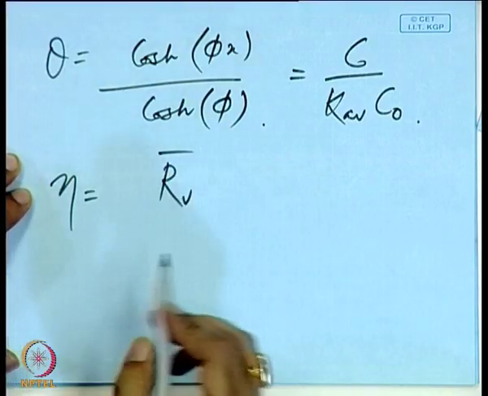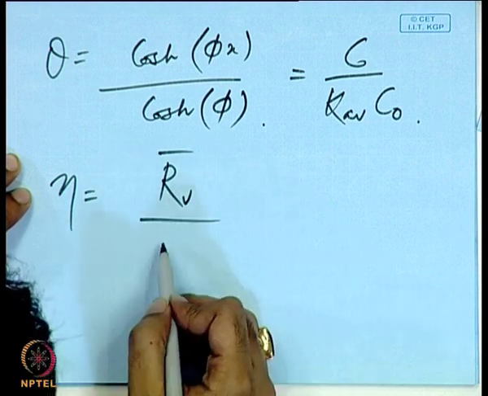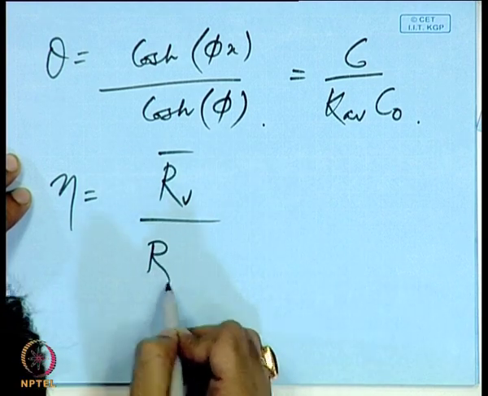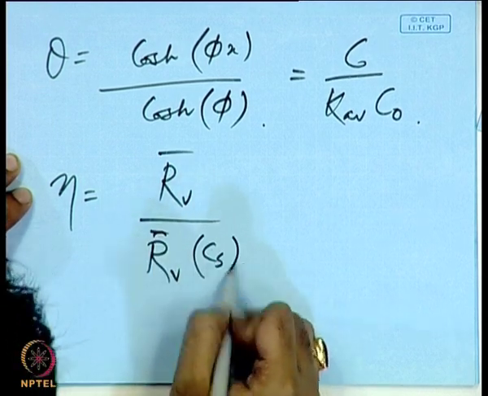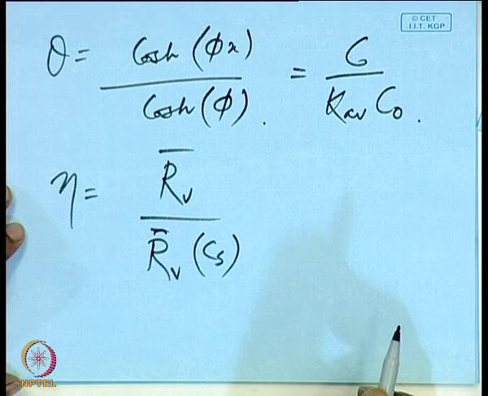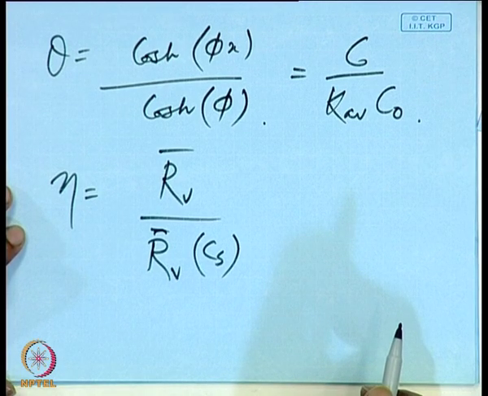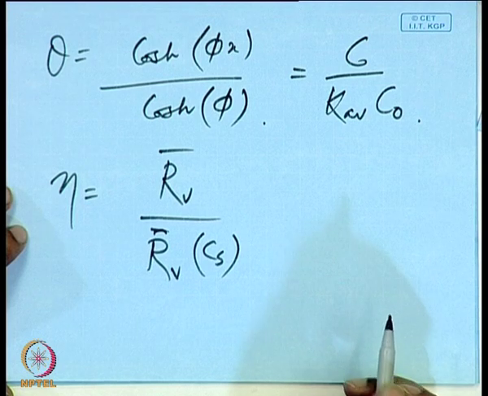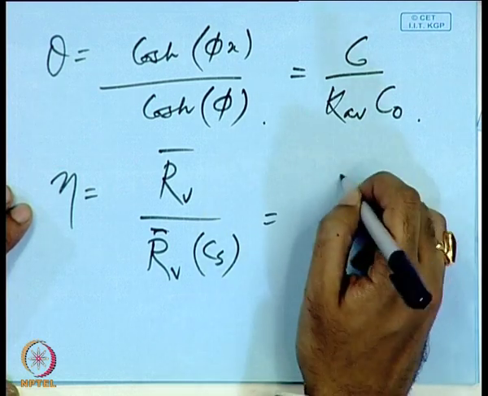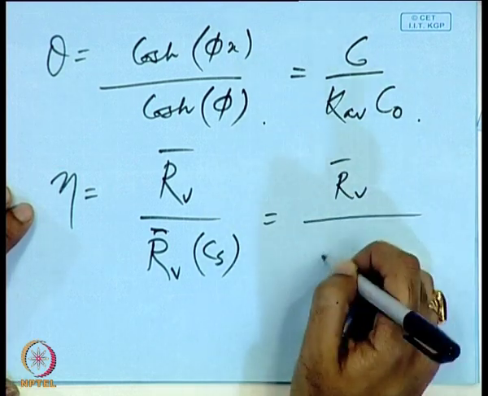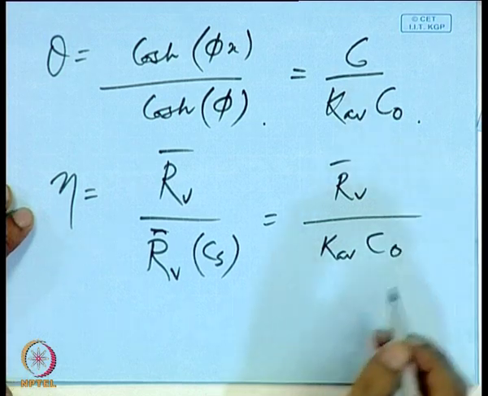If you remember, eta was defined as R of V average over R of V evaluated at CS. CS is defined at x equals 1, which is given as Kv C naught. So, the denominator is known, all you have to do is evaluate the numerator, Kv C naught, clear.